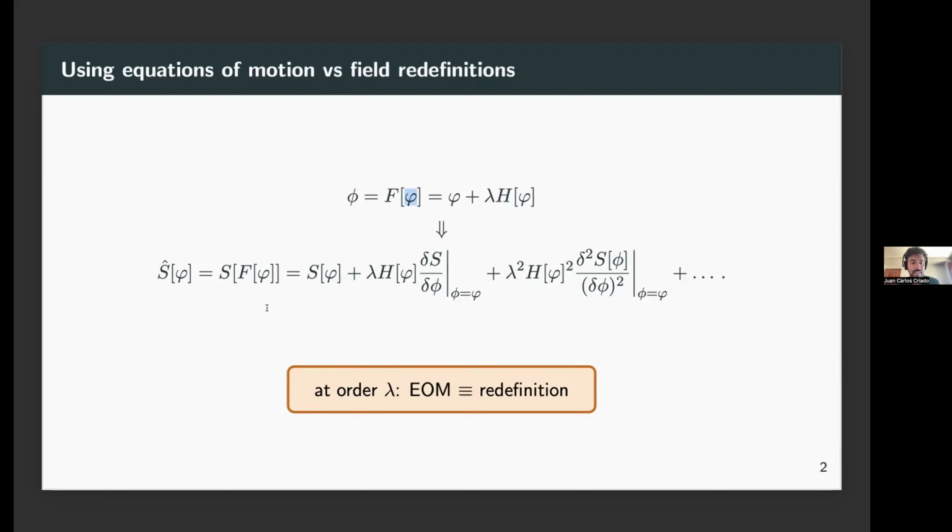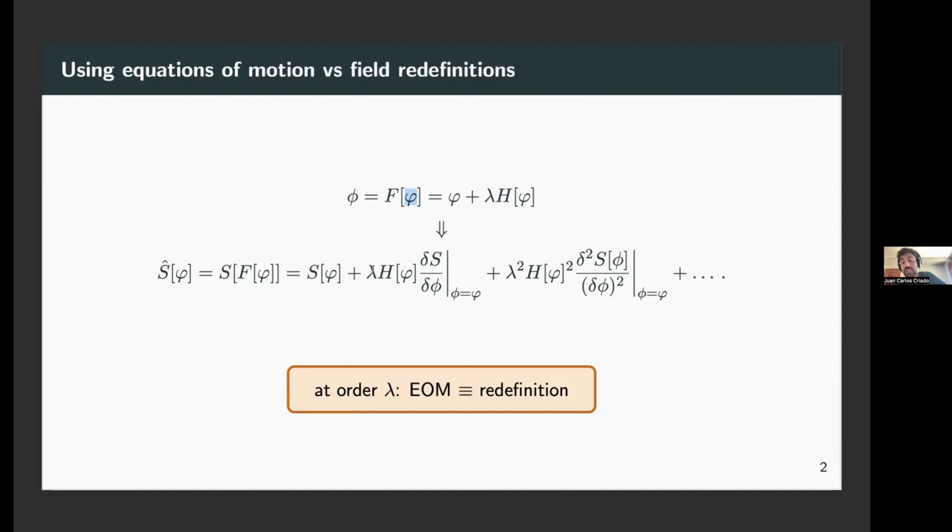If you replace this in your action, then you get the original action plus a linear term that's proportional to dS/d phi, which is the equation of motion for phi. So essentially you can change the action by an arbitrary operator proportional to the equation of motion, and you will get an action that's related to the original one by a field redefinition.